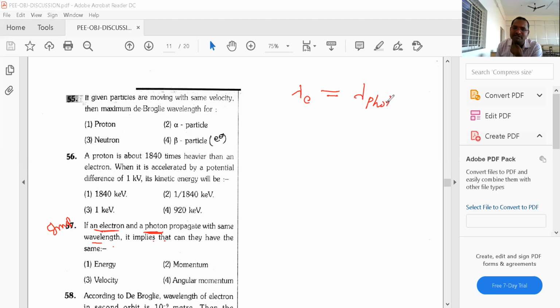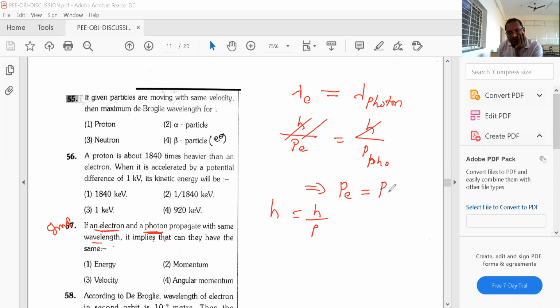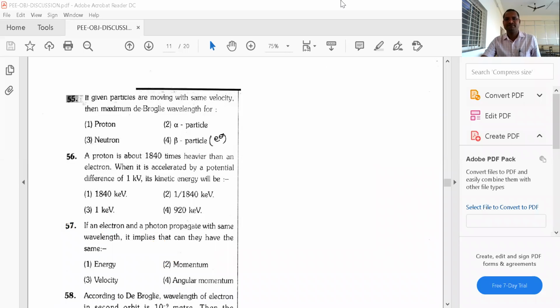Lambda is h by p, so h by p of electron equals h by p of photon. h is the same, so it cancels. That implies momentum of electron equals momentum of photon. They can have the same momentum. Got it? That was the 57th question.